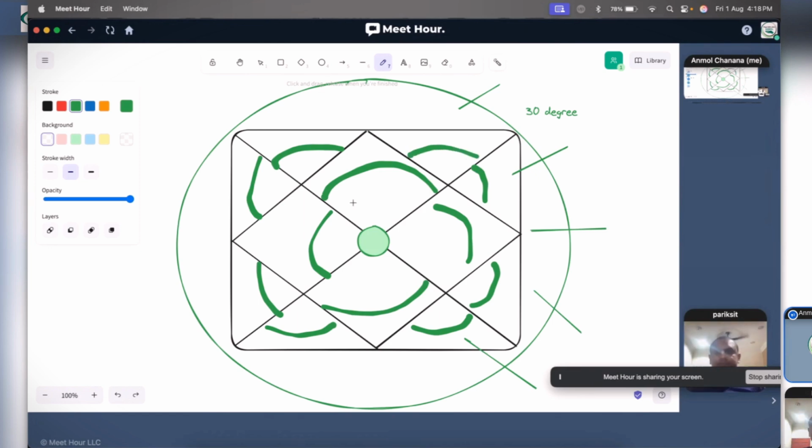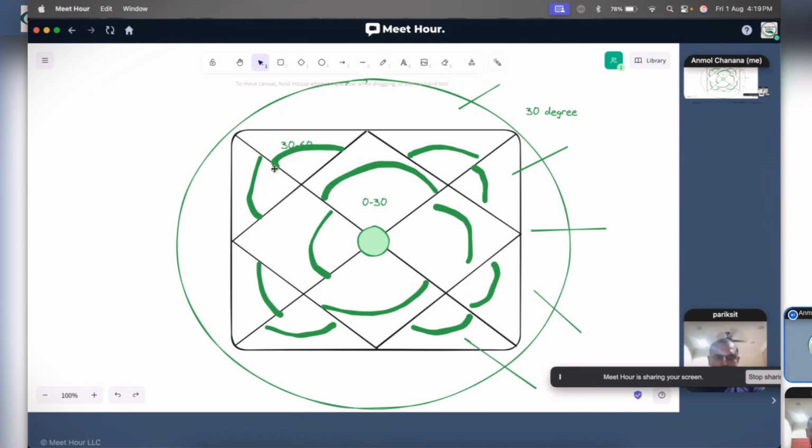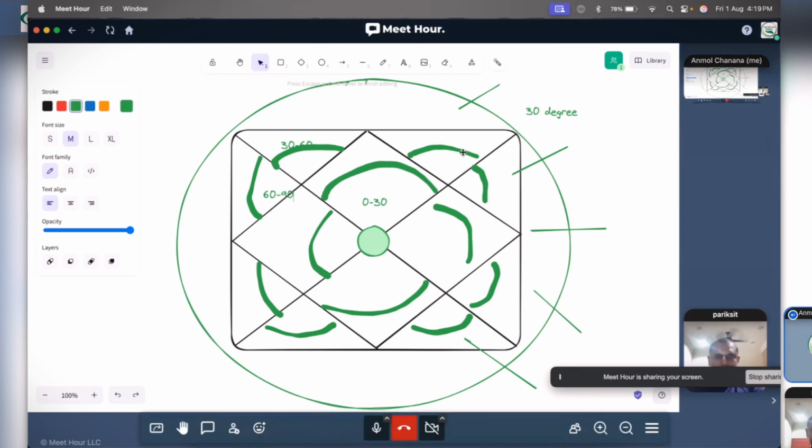Supposedly, this is your ascending sign, so this would be your 0 to 30 degrees, this would be 30 to 60 degrees, 60 to 90 degrees, and so on, up to 330 to 360 degrees.